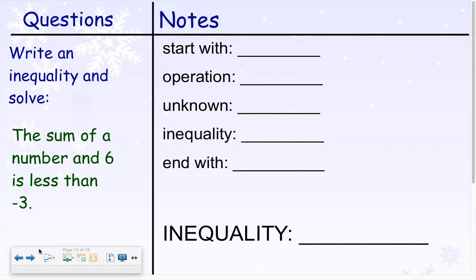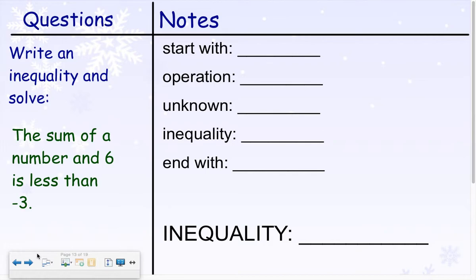All right, first example. It says, write an inequality and solve. The sum of a number and 6 is less than -3. Now we're going to use an acronym with all of our word problems that will help us write them. The acronym is SOUIE, S-O-U-I-E.